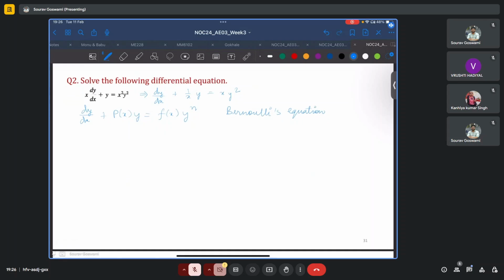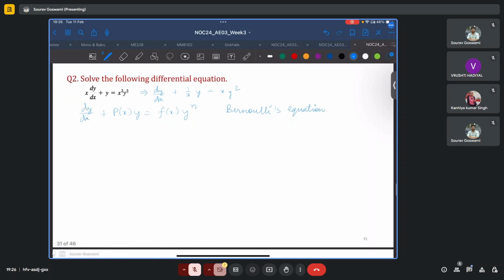Once we know that this is the form of Bernoulli's equation, we know that we must substitute u equals y power 1 minus n, and here n is equal to 2, so we must substitute u equals y power 1 minus 2 or y power minus 1, which is equal to 1 by y.